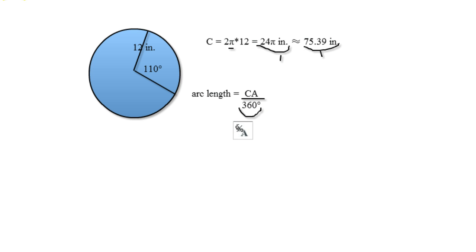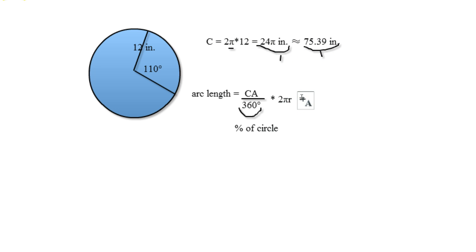So we are going to take that percentage and multiply it by the actual circumference. So that is going to be 2 pi r. In this case we already know it's 24 pi, and we can start plugging in numbers.